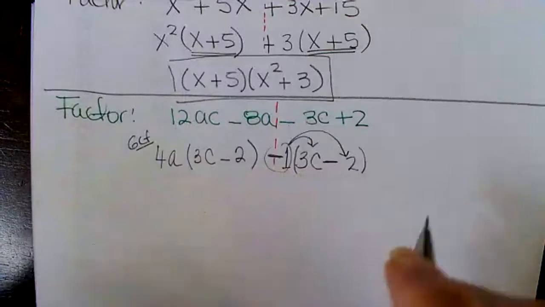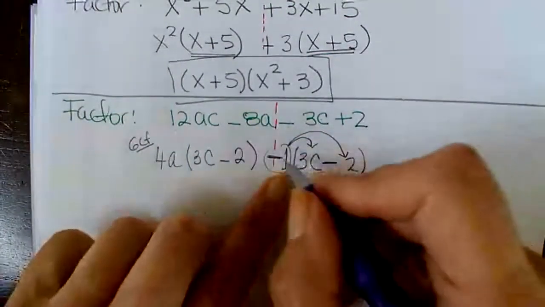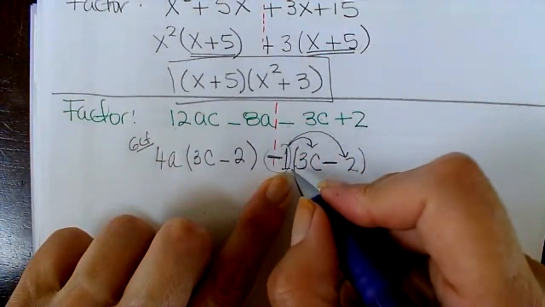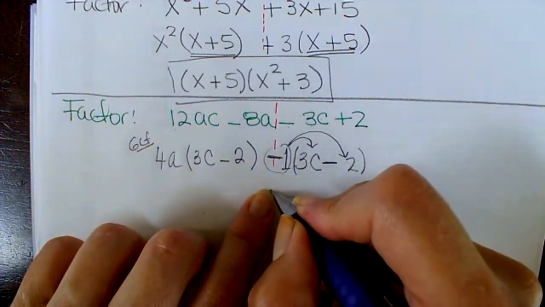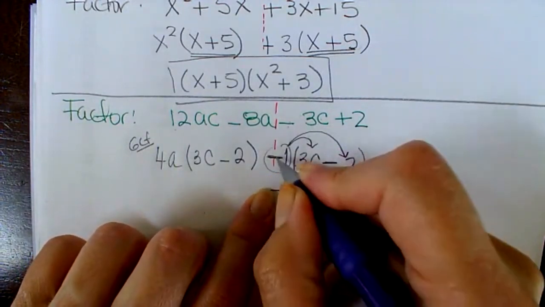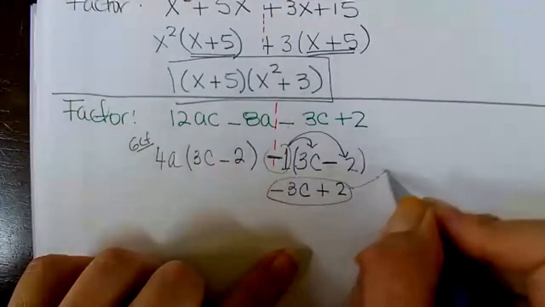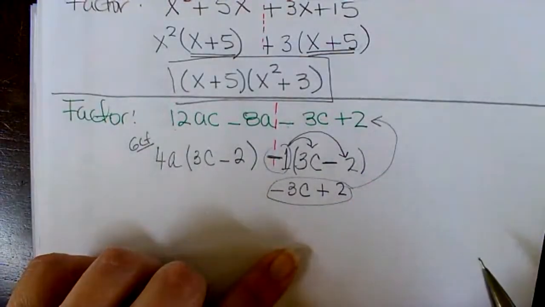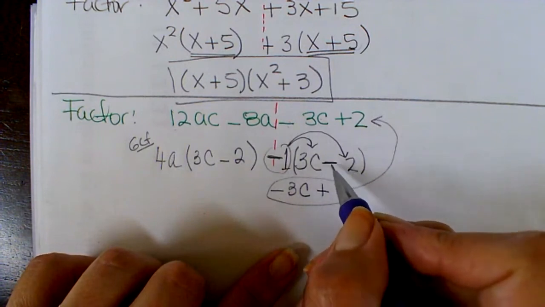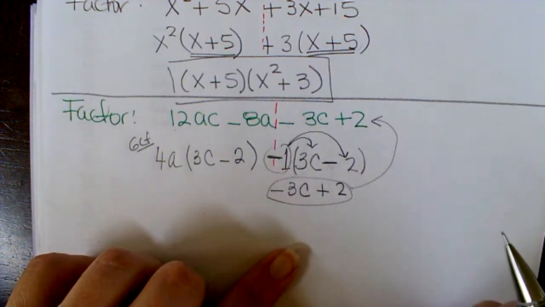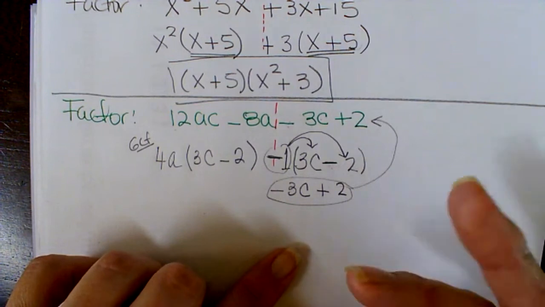Oh yes, if you were going to distribute the negative 1, then you get negative 3c, and this one will be plus 2, which is exactly what we have here. You see? It's exactly the same. So that's why I changed from positive to negative. Okay?